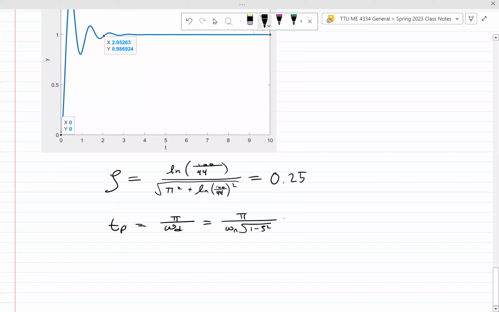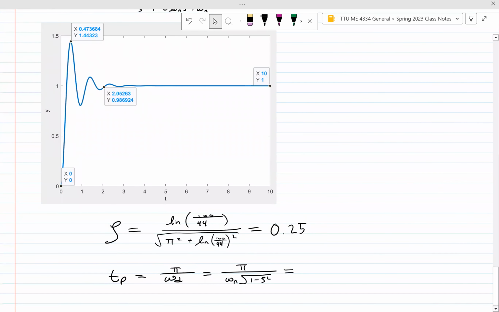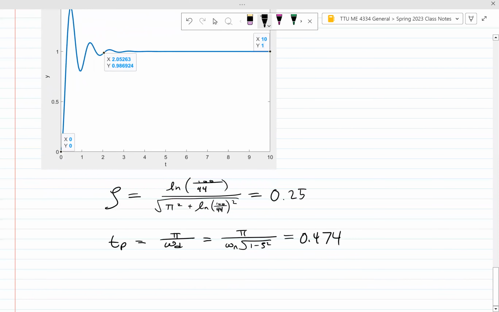What's our peak time in this graph? It's 0.47368, whatever. 0.47, let's just go with that for now. 0.474. We know what zeta is. Let's solve for omega n.